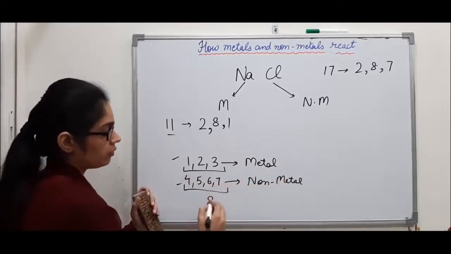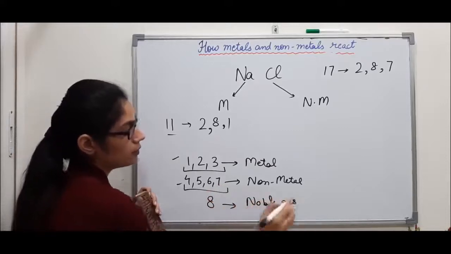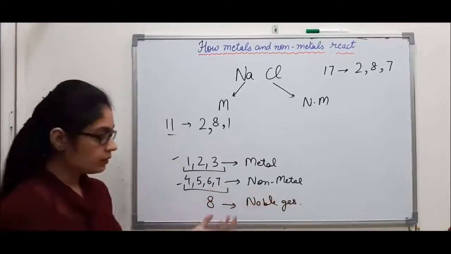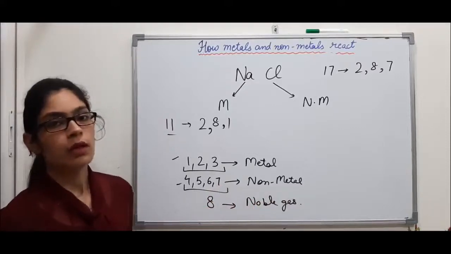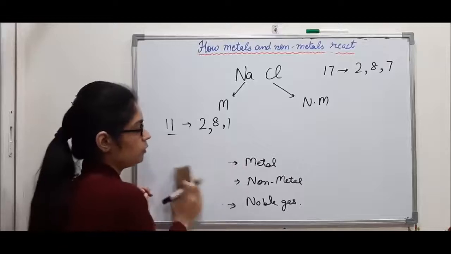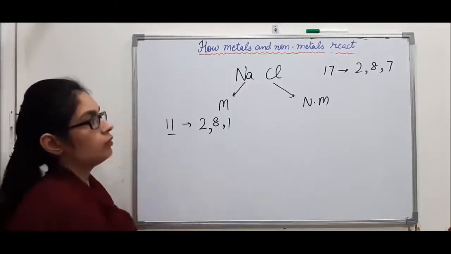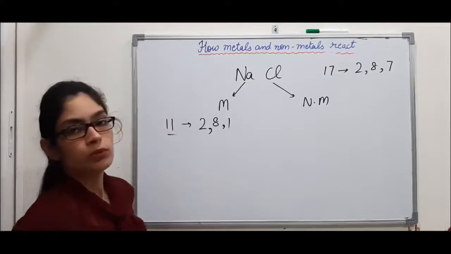If number of electrons is equal to 8, then it will be a noble gas. We have already discussed at the starting, in noble gases the outermost shell is completely filled, whether it's 8 or 18. So it will be a noble gas when the outermost shell is completely filled.